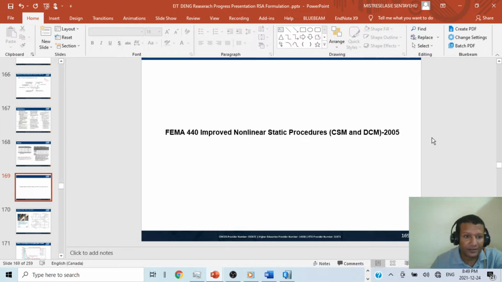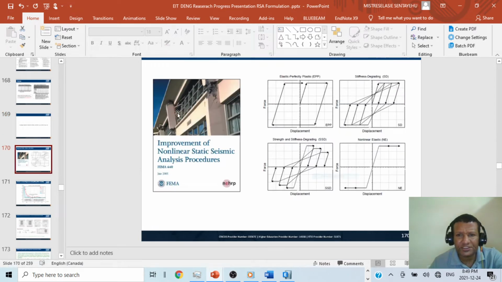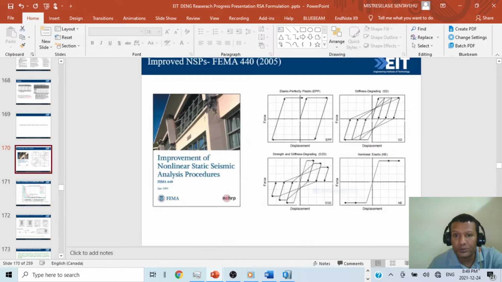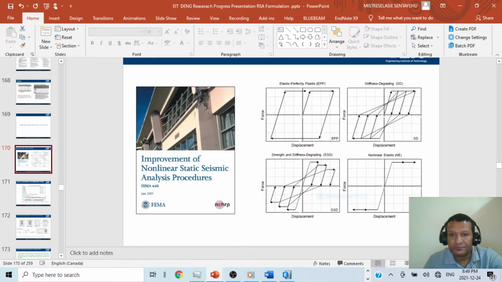What they improved, in a nutshell, is that they ran a lot of experiments on single degree of freedom systems, and came up with these hysteresis loops of force-displacement: elastic perfectly plastic, stiffness degrading, and strength and stiffness degrading hysteresis types.